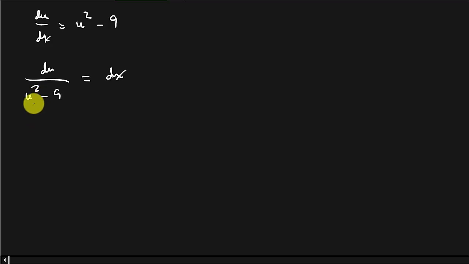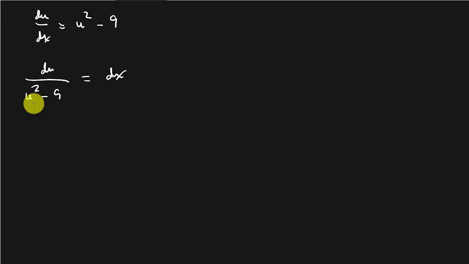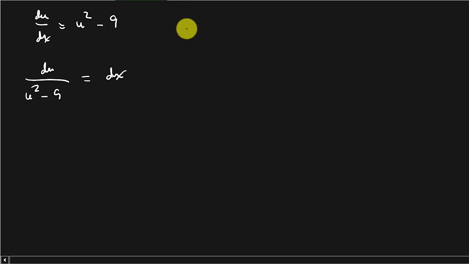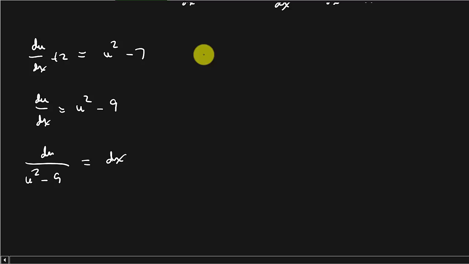So to integrate that, well, we're going to need to do what? Partial fractions. Let's come over here to the side. I did this in an earlier video with a problem similar to this, but I'll go ahead and do it again. So let's see if we can squeeze it right in here.